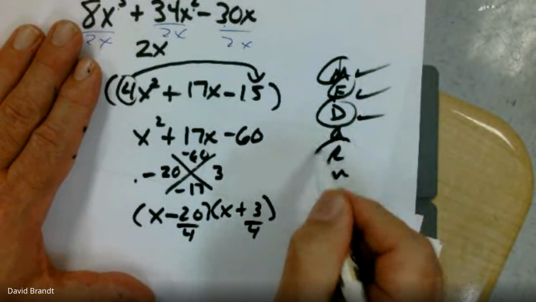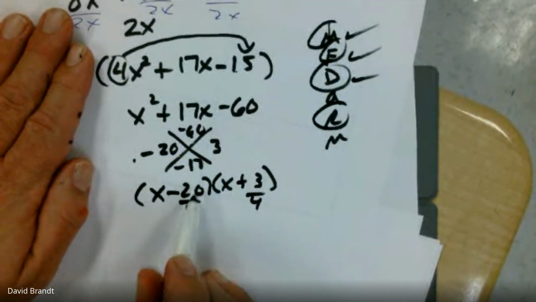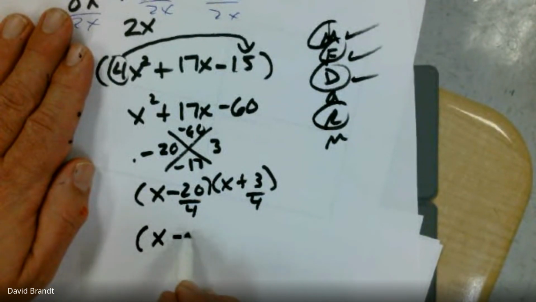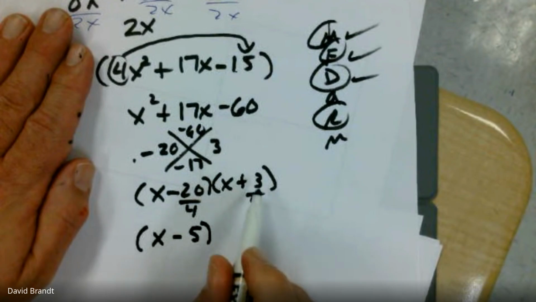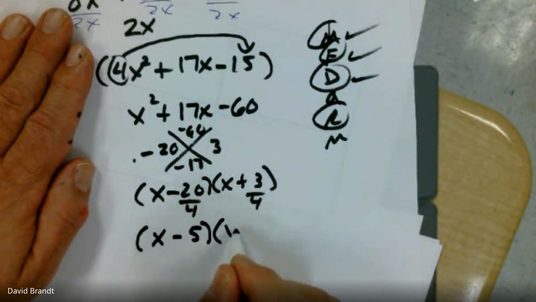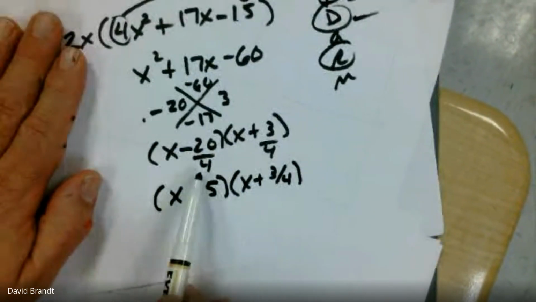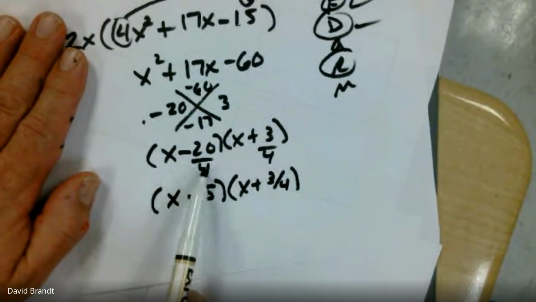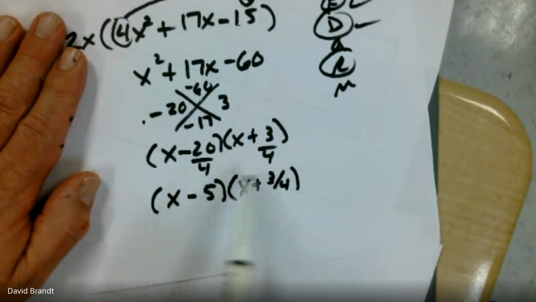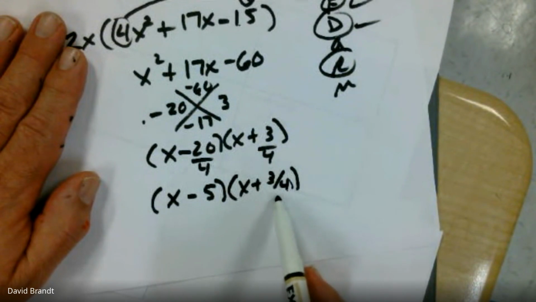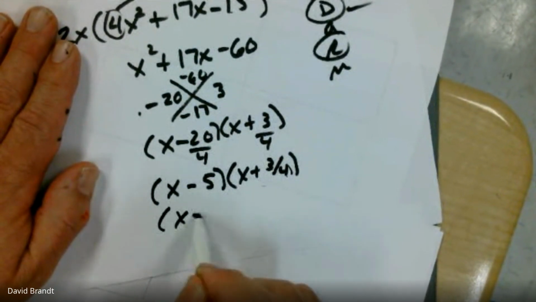So we did that. Now we have to reduce. 20 over 4 reduces to 5, and 3 over 4 does not reduce at all. Any denominator that's left moves back in front. There was no denominator left on this one. This one has a denominator, so that needs to move back in front of the x.